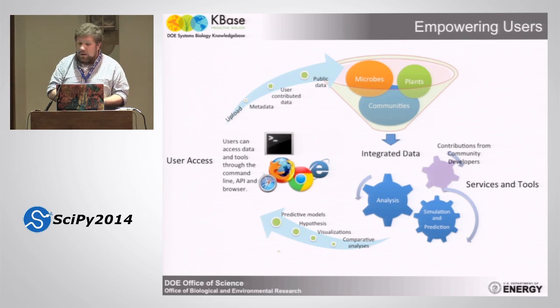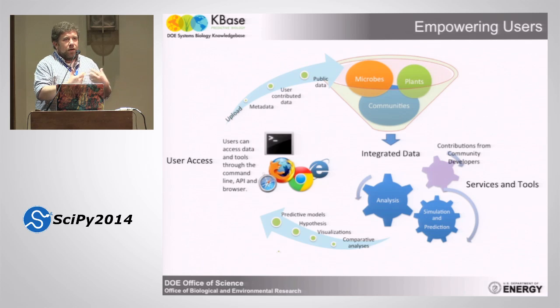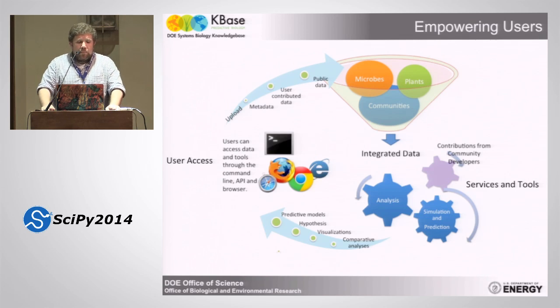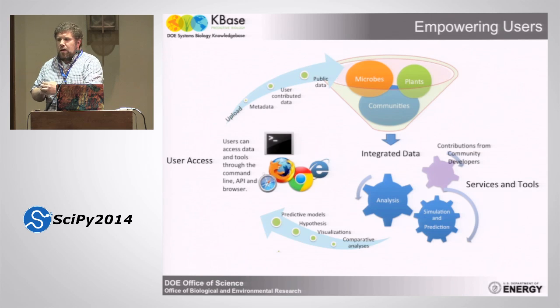So going from the upper left side, I don't really have a pointer here. A user would be able to either upload data of their own or download it from a public data store that we've collected from the public databases. Introduce metadata on top of all this, use their own particular contributions, integrate this together and store it in a private workspace system, so that they would all have access to all of the data that's there and present.